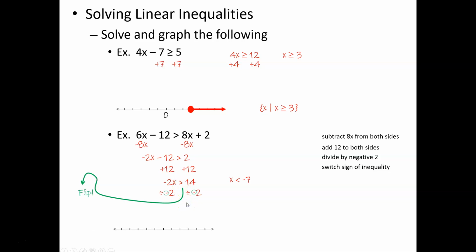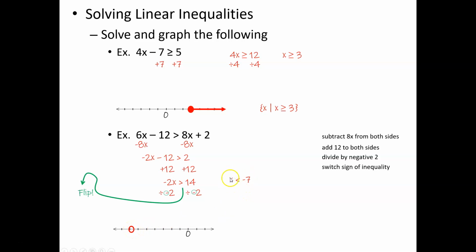So let's graph it. We'll put 0 right here because we know -7 is pretty big negative. So 1, 2, 3, 4, 5, 6, 7. Is it a closed circle or an open circle? It's an open circle. Doesn't have any line here, so no line here.